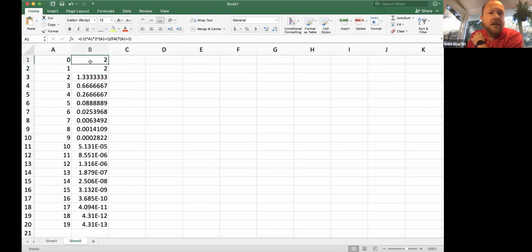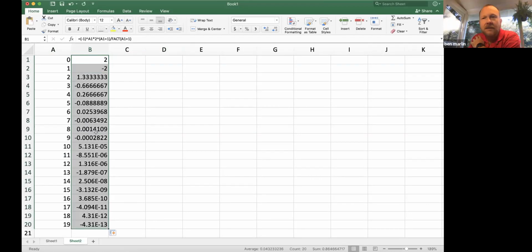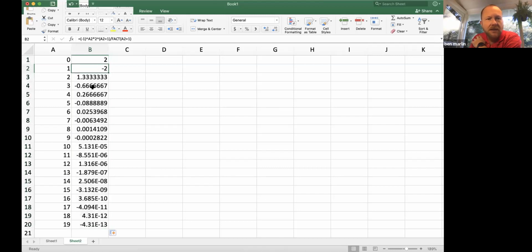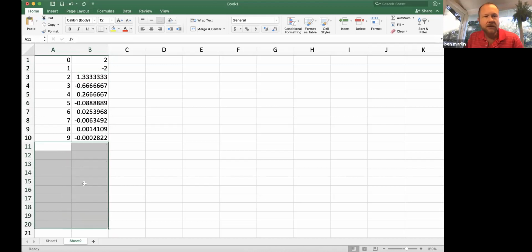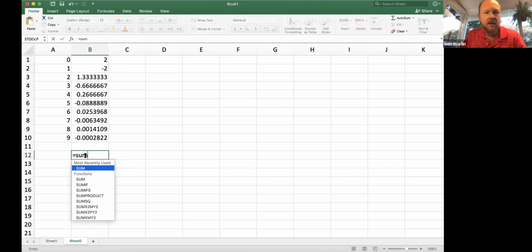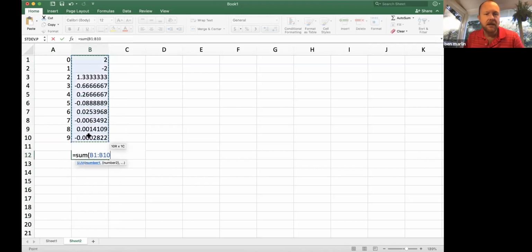And then I'm going to have to copy it to these. Notice that the only difference that really made was that you had negatives cropping up every other time. So we needed the ones from 0 to 9. We don't care about the others. And then we will say equals sum parentheses, highlight the ones you want to add up, close parentheses, enter.